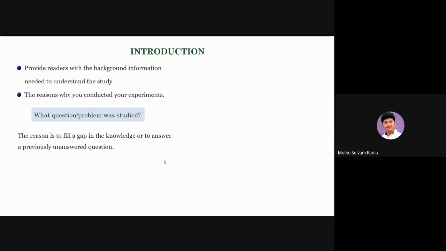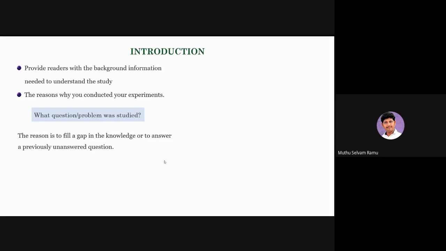The next section is the introduction. We already said the introduction is the second step one should start with. What is the importance of the introduction, and what does it contain? The introduction provides the reader with the background information needed to understand the story. You might be familiar with your research content, but a person outside your scientific group or field must also understand it.